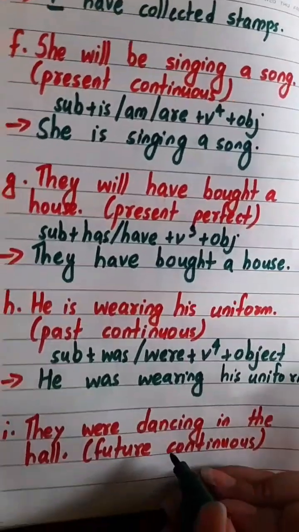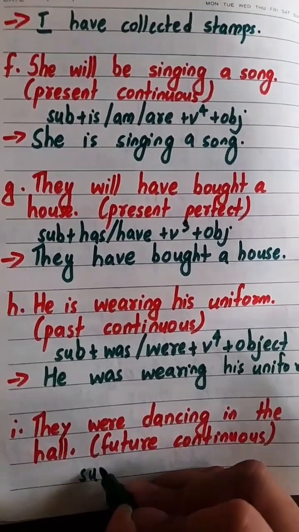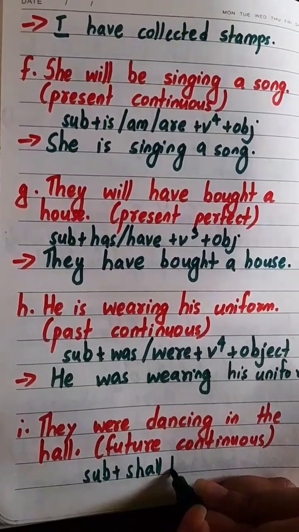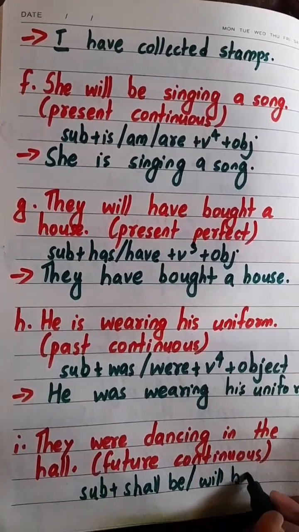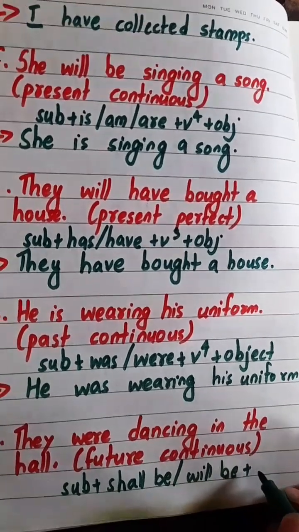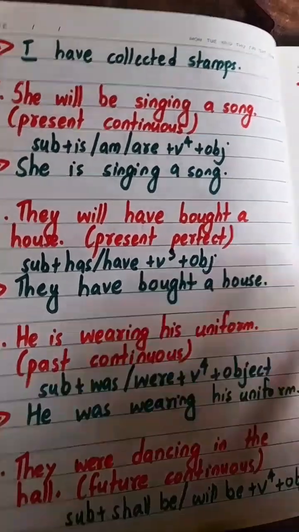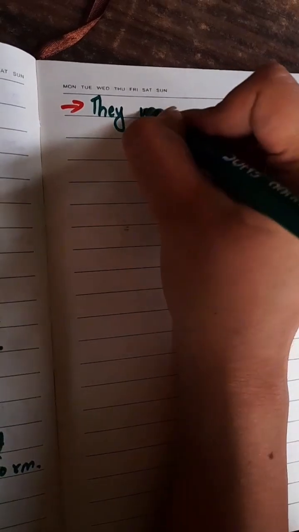They were dancing in the hall. Future continuous. So the structure of future continuous is subject plus shall be or will be plus verb 4 plus object. Whenever there is continuous, we always use verb 4. So at first let's write the subject.